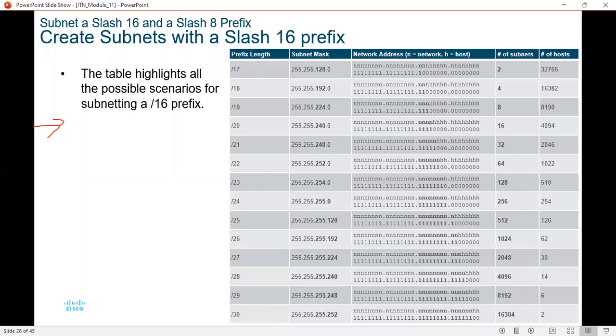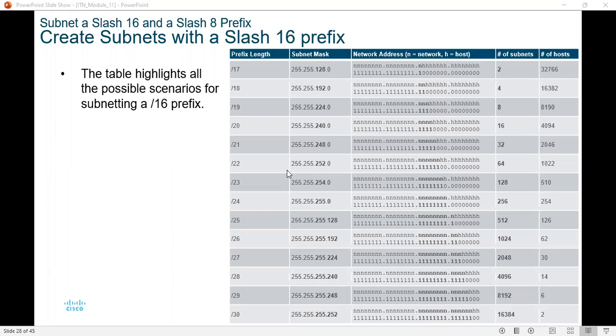I think all this we have talked about, so you can go and do this yourself. So this one is /16.